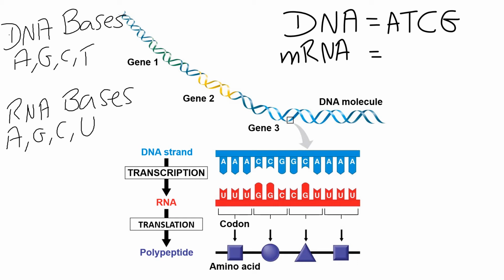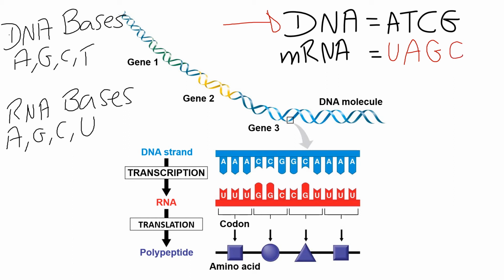When you build a messenger RNA from your DNA strand, let's say that your DNA strand reads the following: A, T, C, G. To build the messenger RNA, adenine on your DNA will bind to uracil. Thymine will bind to adenine, cytosine will bind to guanine, guanine will bind to cytosine.